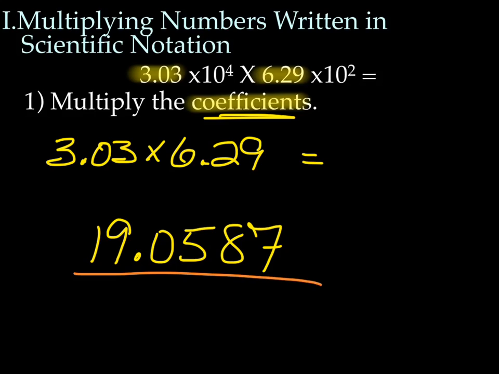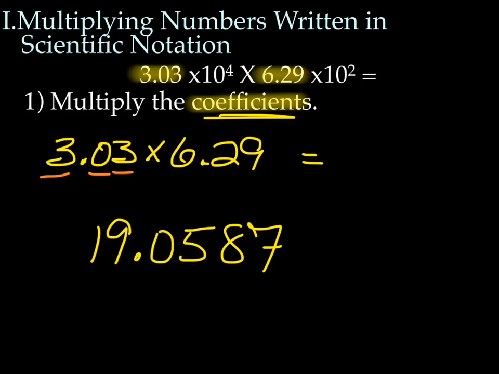Now we've got to deal with sig figs. This number here has a lot more figures or digits than either one of the numbers in our problem. So let's figure out our number of sig figs. Remember, when you're determining the number of sig figs after doing multiplication, you look at the number with the least number of sig figs in the problem. So for the first number, 3.03, what's significant?